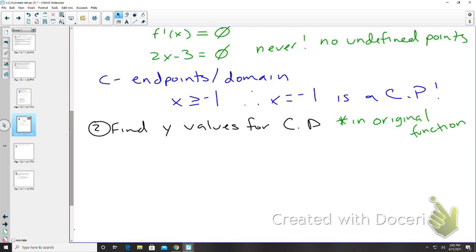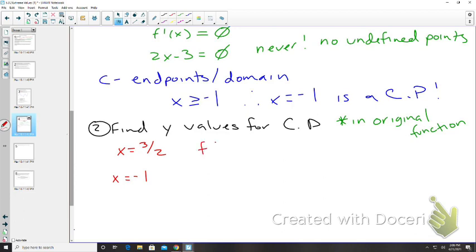Okay, find corresponding values for critical points. So we have one critical point, x is equal to 3 over 2, and our other critical point is x equals -1, right? So we'll just put this back into our original function.